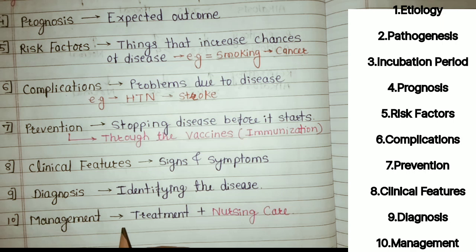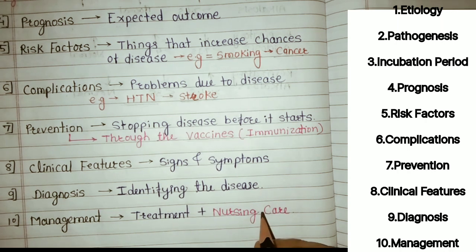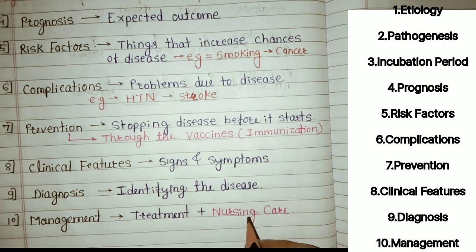It helps to decide which treatment is most suitable for that patient, and then we give the treatment plus nursing care. Nursing care is the most important role in recovering the patient from any disease, and that is called management. So now, students, you understand all these 10 important medical terms.